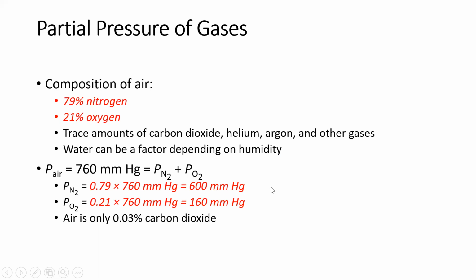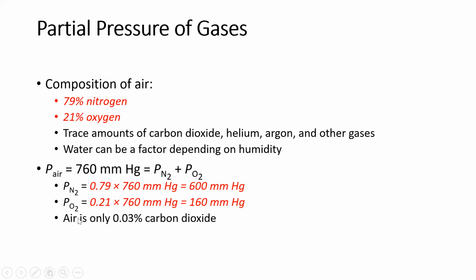All right, hope everyone is staying with me so far. And we do the same thing for oxygen. Oxygen is 21% of our air, right, of that entire gas mixture. So we multiply 0.21 times our entire pressure for the mixture, and that is 160 millimeters of mercury.